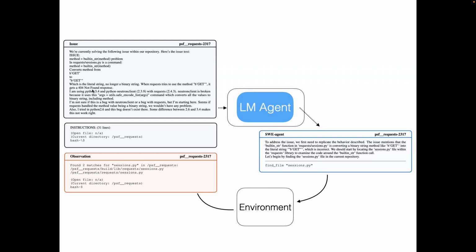If you iterate this, and the agent has access to these tools and knows how to use them, eventually it can look through the code base, think about how to solve the issue, write the code for it, run the tests, and so on. So that's the basic idea of this software engineering agent.